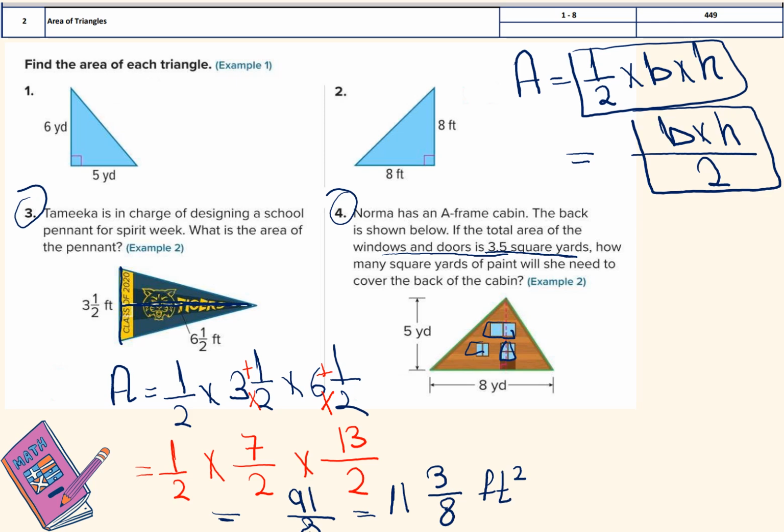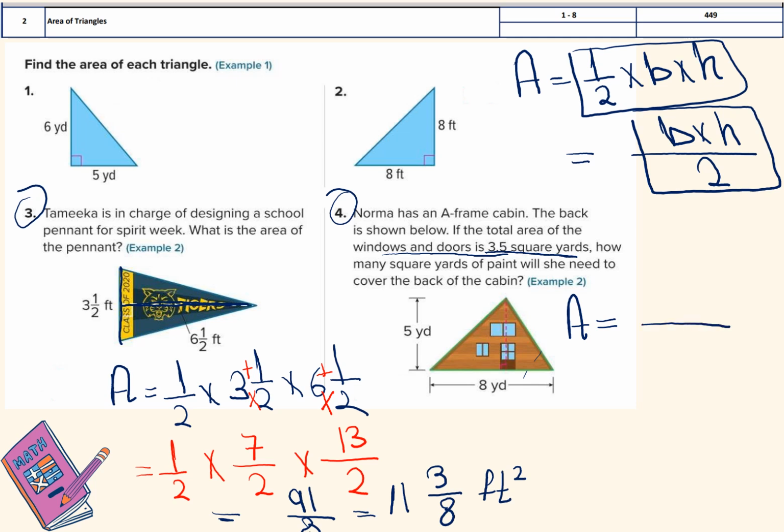Well, firstly, I need to find the total area of the cabin. Then I'm going to subtract the area of the windows and the doors in order to see how many square yards she's going to cover with paint. I'll be using the same area formula, which is half times B times H, or we can use the second one this time.